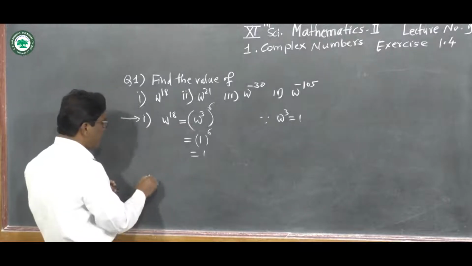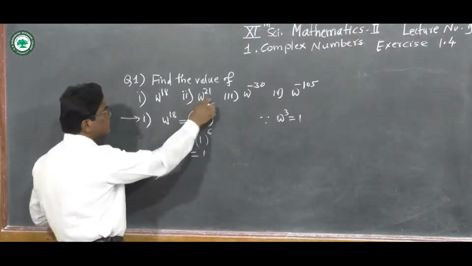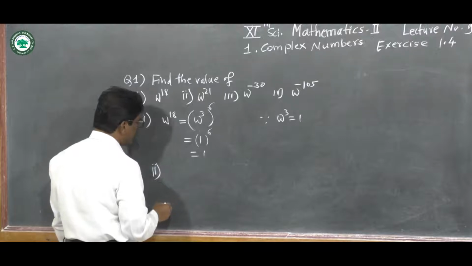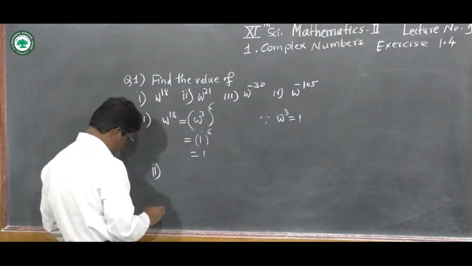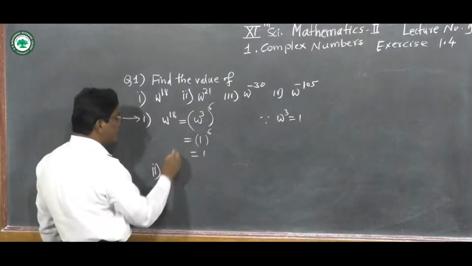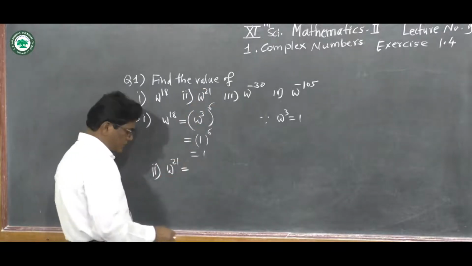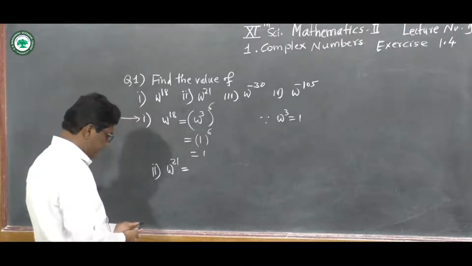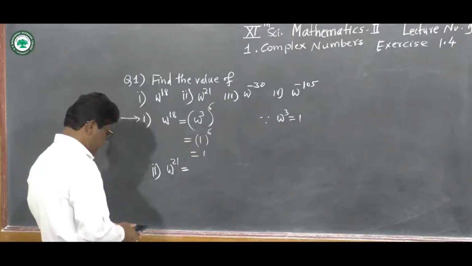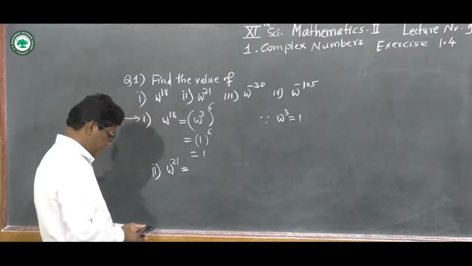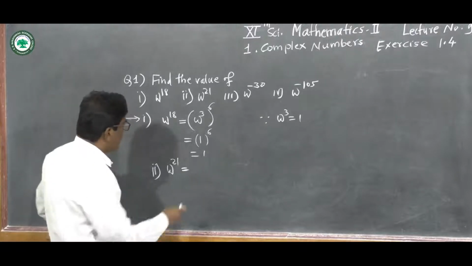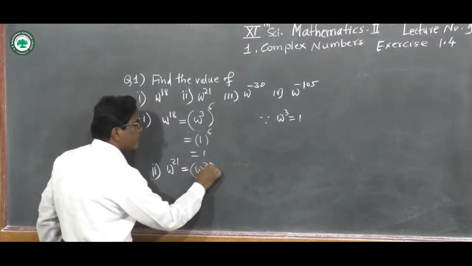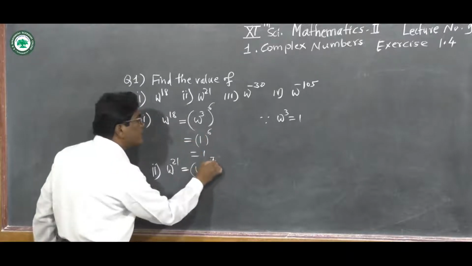Now second one, omega to the power 21. It is equal to, again here we write omega to the power 3 and 3 sevens are 21.